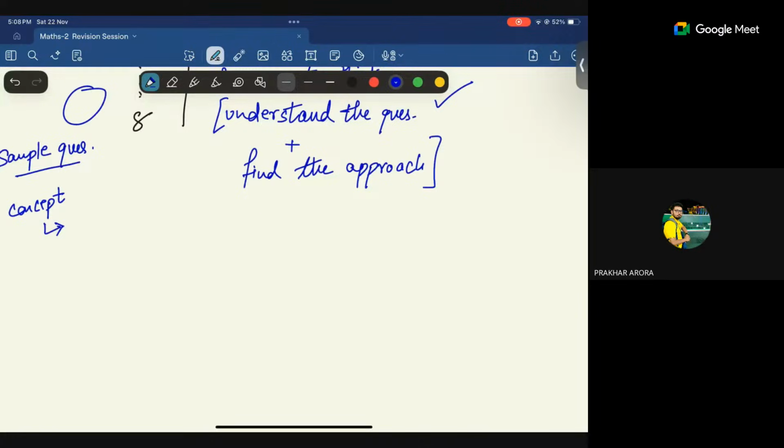Say, for example, when we reach the concept of linear transformation, there is a very important section of finding whether the transformation is 1-1 or onto.